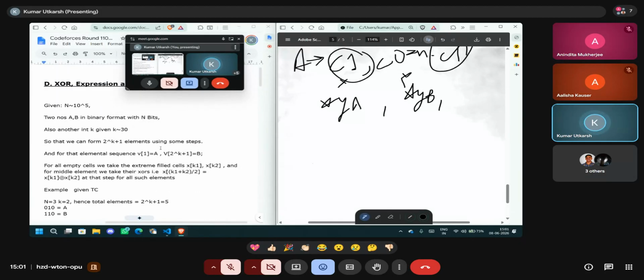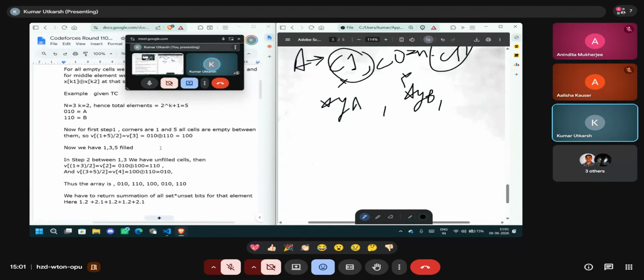What we had in our test case was A as 010 and B as 110, right? In this, for A, how many set bits are there and how many unset bits are there? Pritam or Alisha, anyone of you can answer.